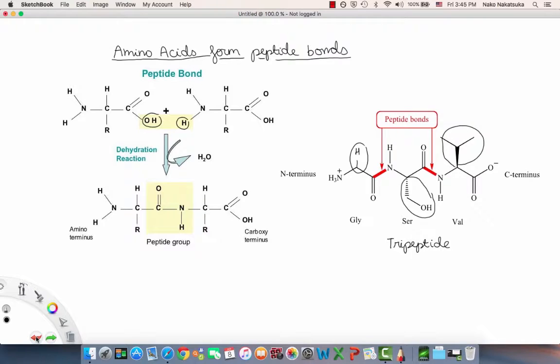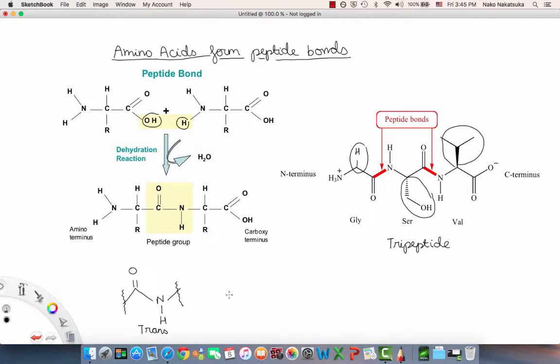Peptide bonds can actually influence structure. I can draw you a quick diagram right here comparing a trans and cis isomer of the peptide bond. In this case, if I have two things attached like so, then the amino acid chain is on opposite sides of the carbon-nitrogen bond, right? This is going up, this is going down, and thus this is trans.